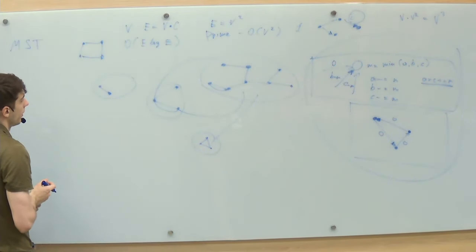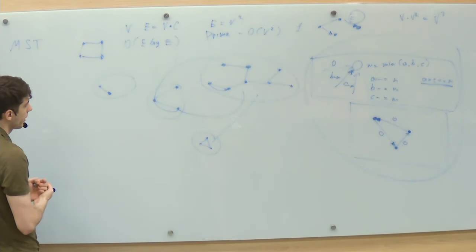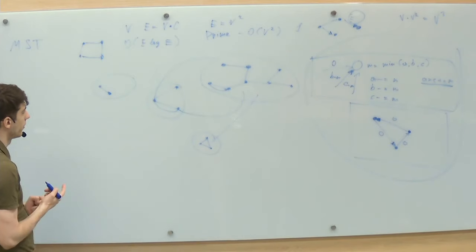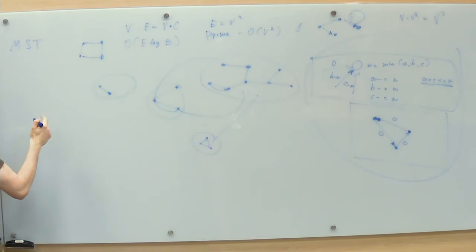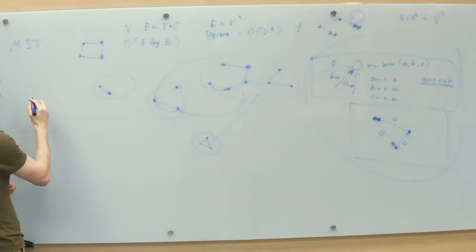So this algorithm works as follows, until we have exactly one vertex in our graph. Let's calculate the asymptotics.